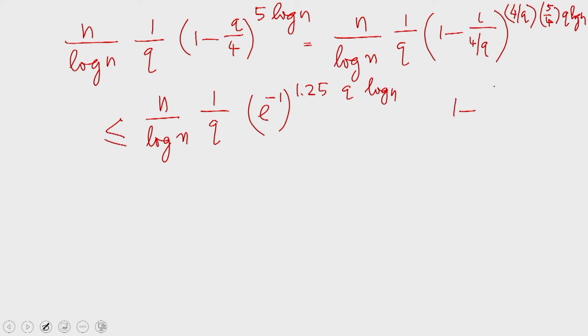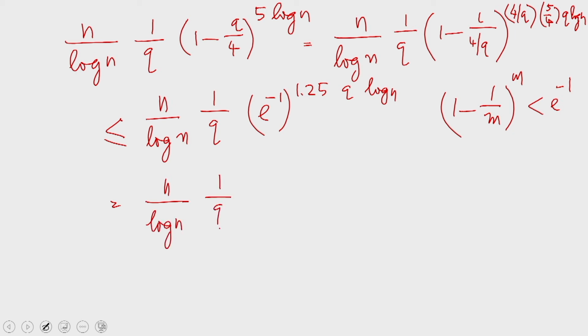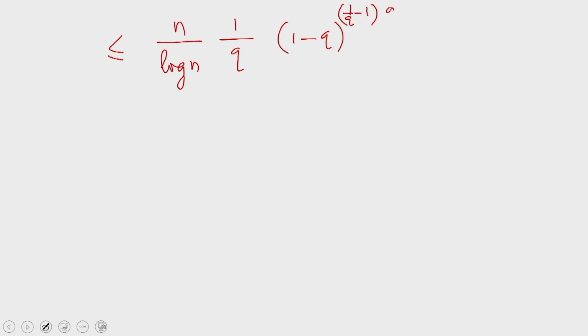That is because 1 minus 1 by m the whole power m is less than e power minus 1, which is n by log n times 1 by q times e power minus q power 1.25 log n, which can be written as n by log n times 1 by q times 1 minus q power 1 by q minus 1 into q into 1.25 log n.